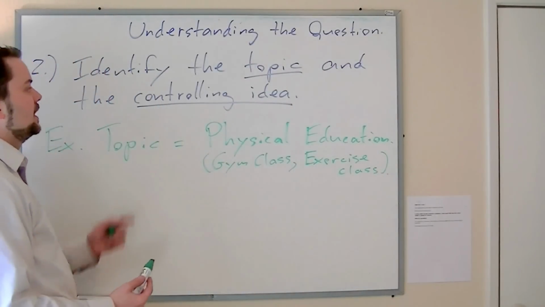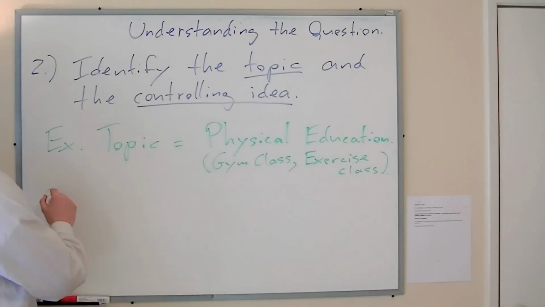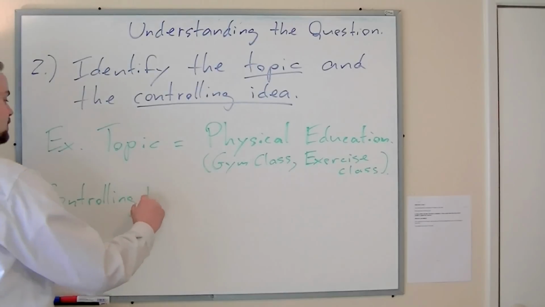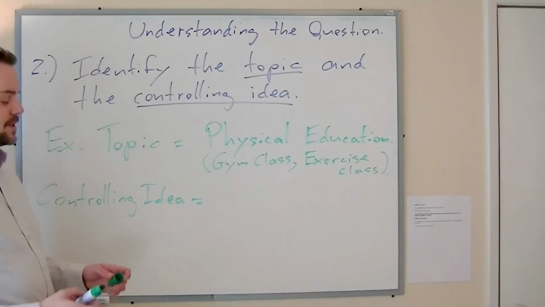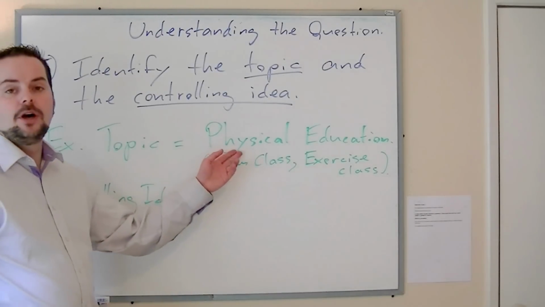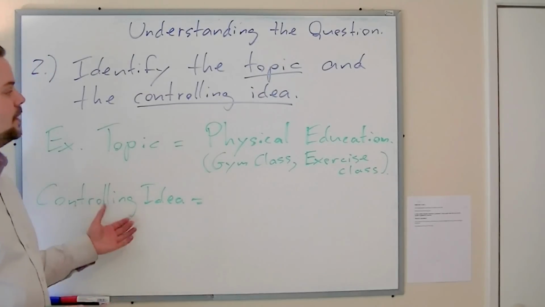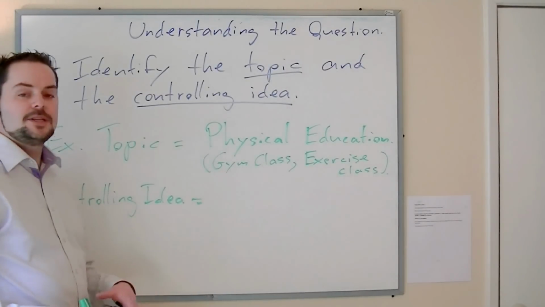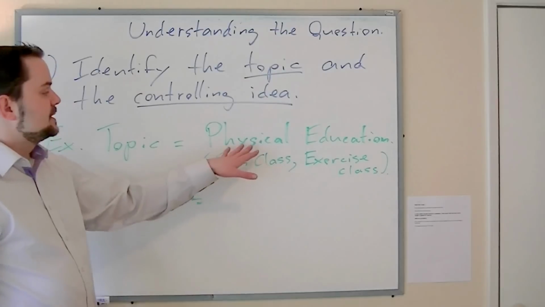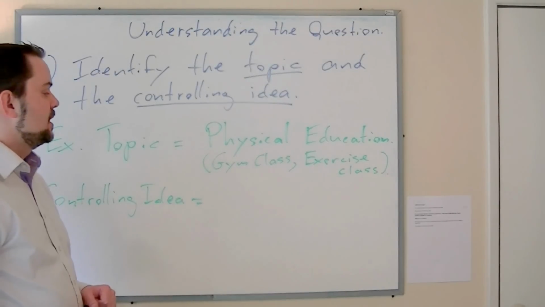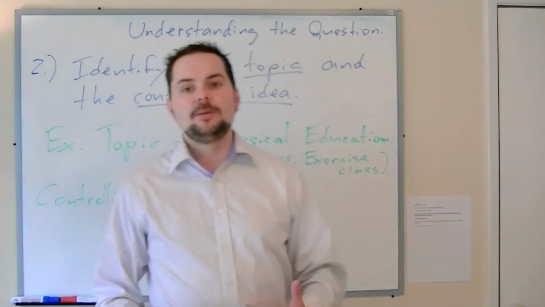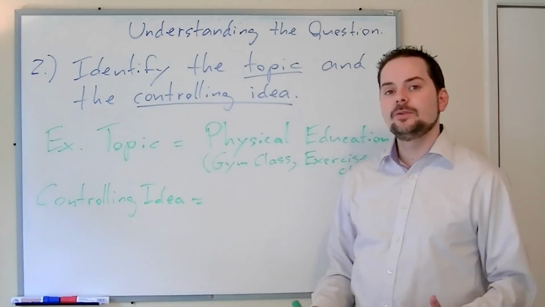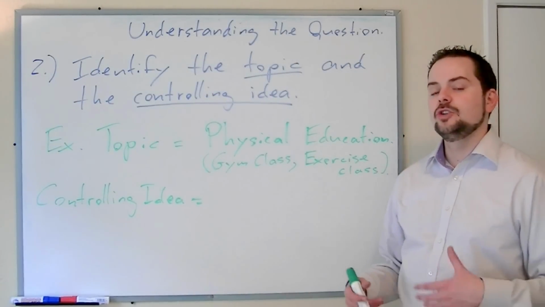Now, what is the controlling idea? So the controlling idea is the context of the topic. So in this question, the controlling idea is basically everything beside the topic of the question. So in this case, the controlling idea is some people believe that it should be mandatory, other people believe that it should be choice.